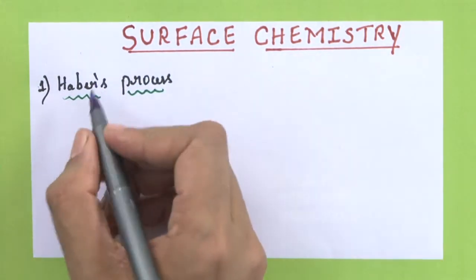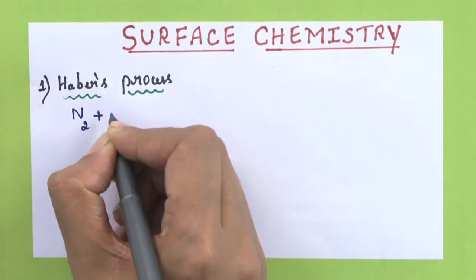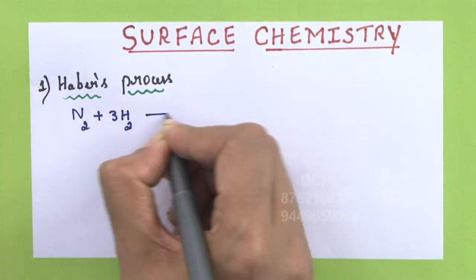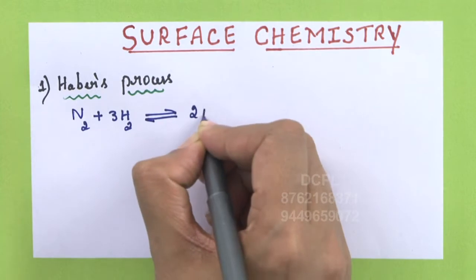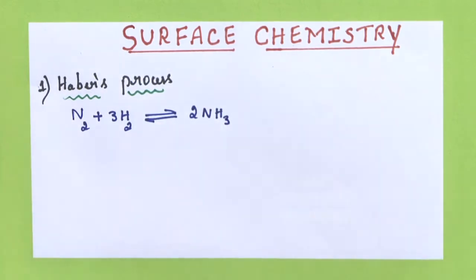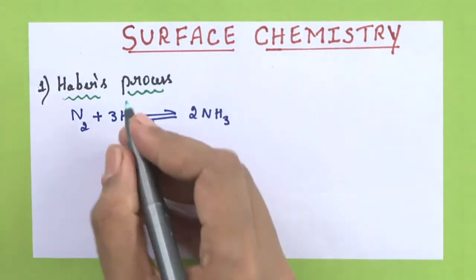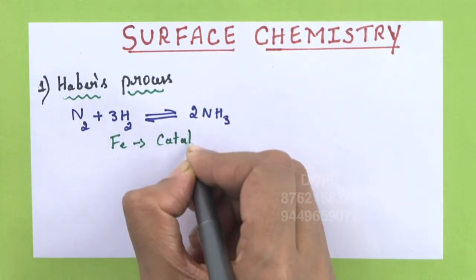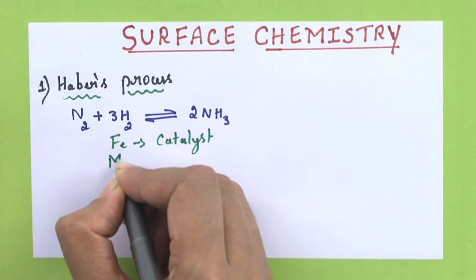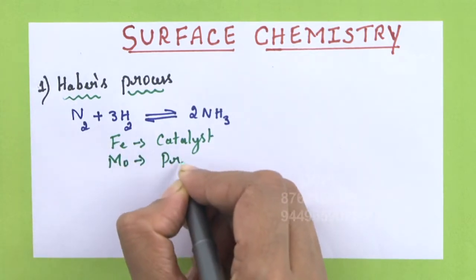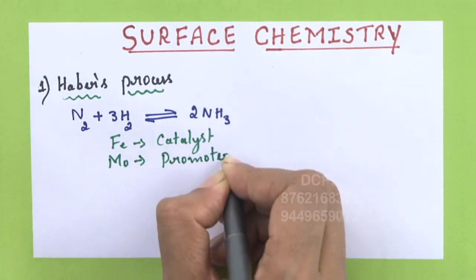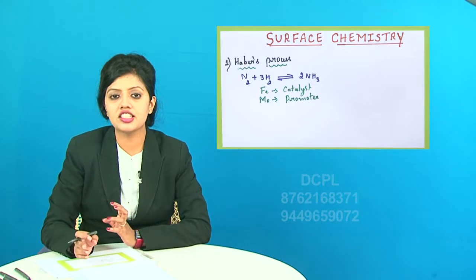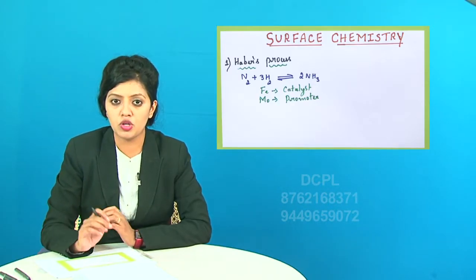So, the reaction is N2 plus 3H2 gives 2NH3. Here iron acts as the catalyst and molybdenum acts as the promoter. Apart from this, other details are dealt in the P block chapter.